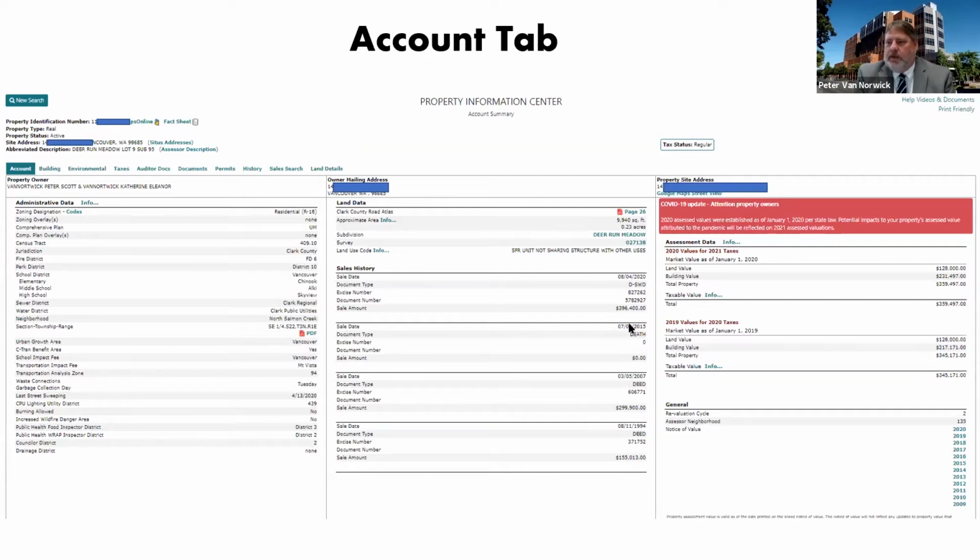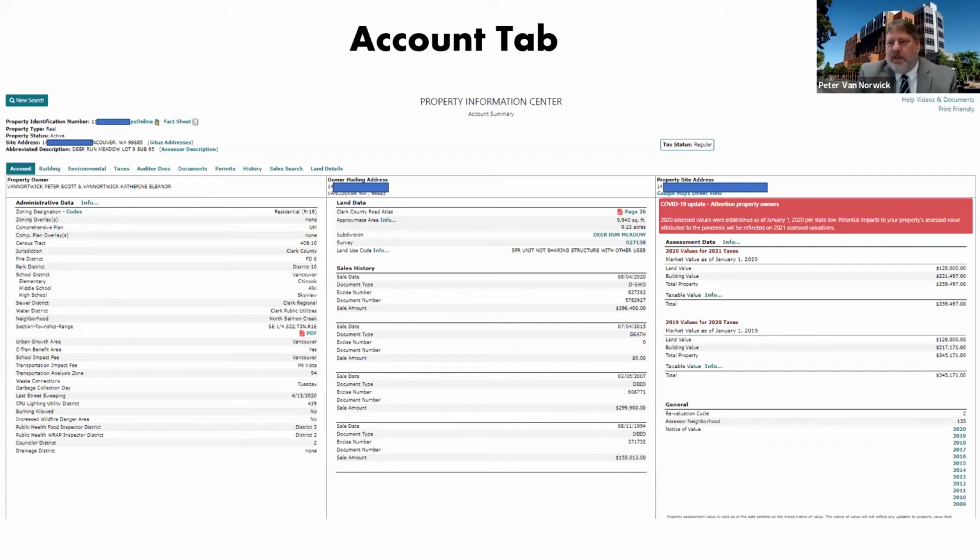To start with, up here we have the property information number, which I have blued out in this case because this is my property. And it tells you what the parcel ID is, if it's real or personal property, and whether this is an active account or a past account.